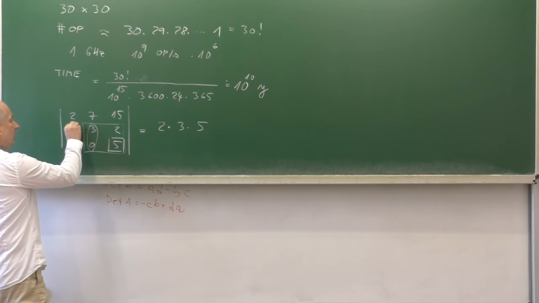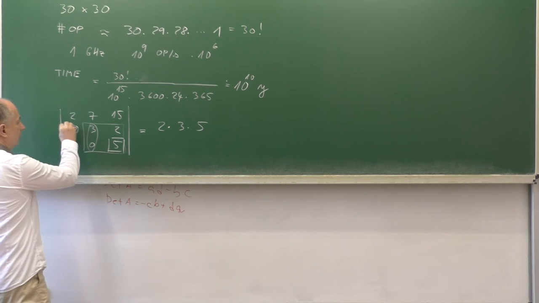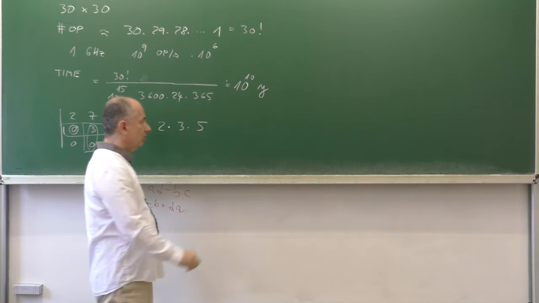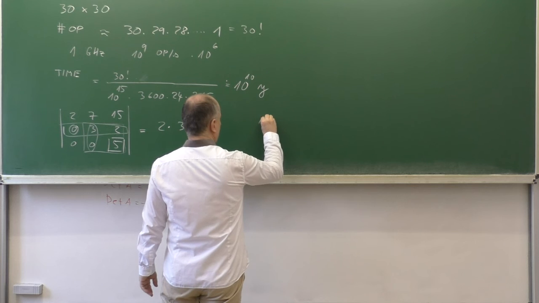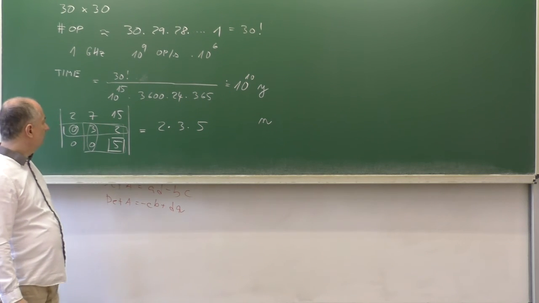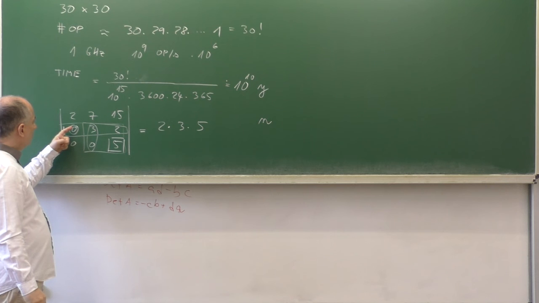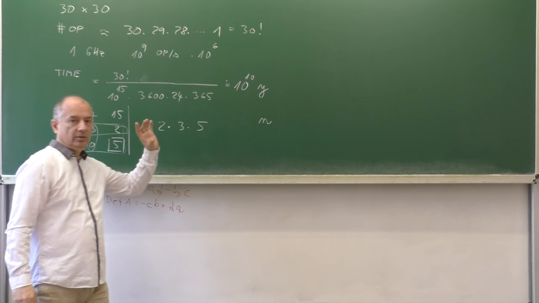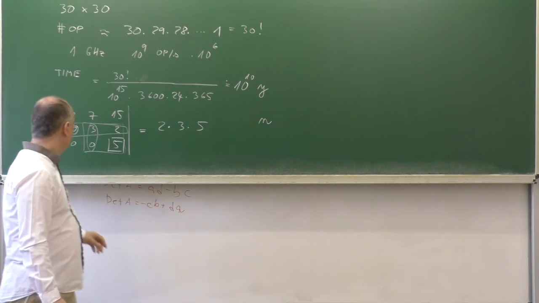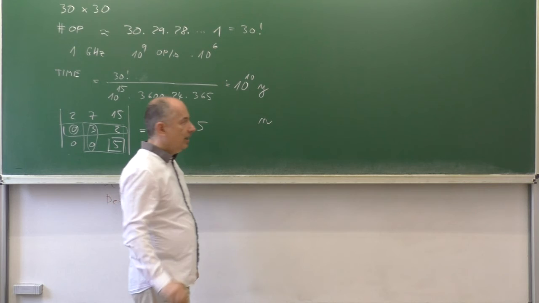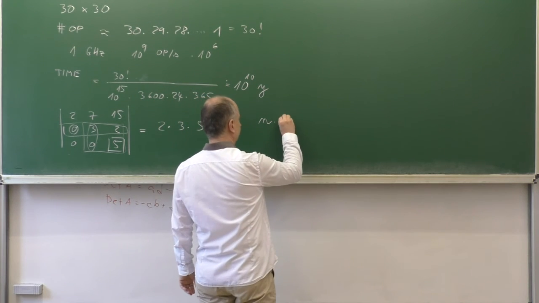To get this 0, we want to operate this row. One row has n entries. But we want to clear not just this number, but all of the first column up to the topmost element. So instead of one row, we must consider roughly n rows.